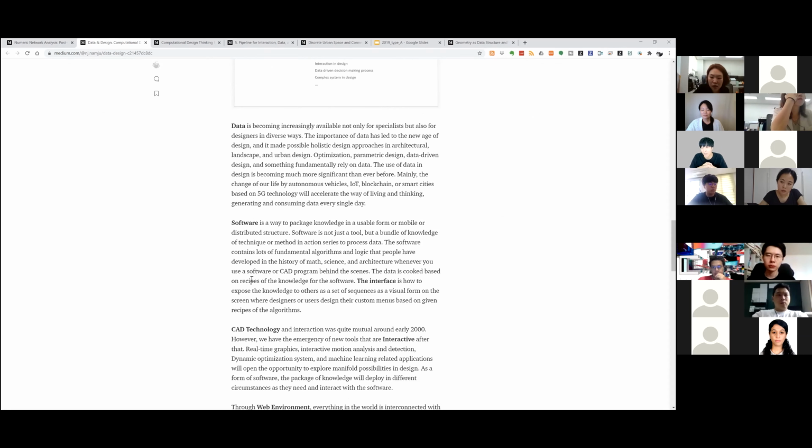My understanding of software is a way to pack knowledge in a usable form or a mobile or distributed structure. Software is not just a tool. Software has a bundle of knowledge, technique, and method in action series.